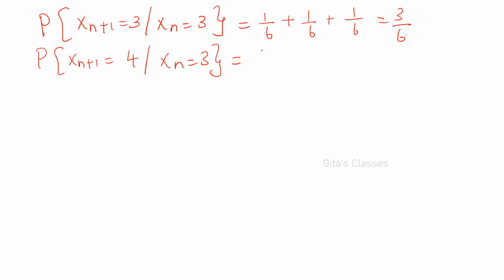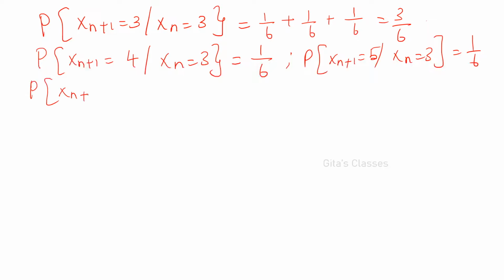So what is the probability of getting 4? 1 by 6. Similarly, probability of xn plus 1 is equal to 5 given xn is equal to 3 is 1 by 6. Similarly, probability of xn plus 1 is equal to 6 given xn is equal to 3 is also equal to 1 by 6.